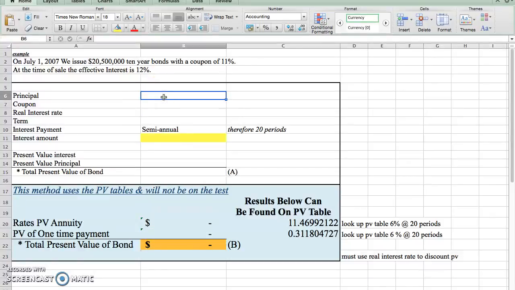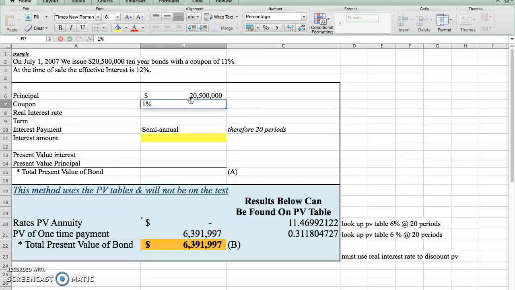So the principal is 20,500,000. I type the number in here, and I'm in B6. The coupon rate is 11%. The coupon is what the company, or the issuer of the bond, promised to pay the bondholder.